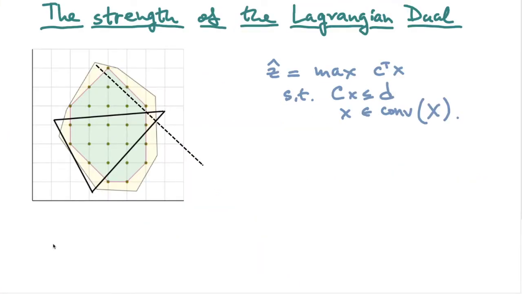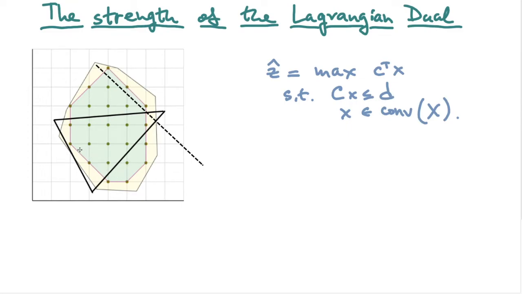Let's illustrate the result that we just established geometrically. So consider the following problem. Here the yellow region represents the set of points satisfying the easy constraints Ax is less than or equal to b. All right, and then all the integer points within this set give the set X capital.